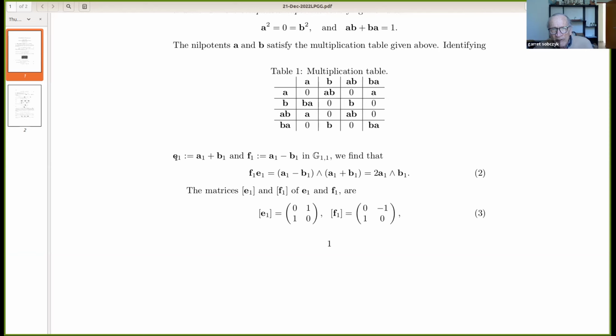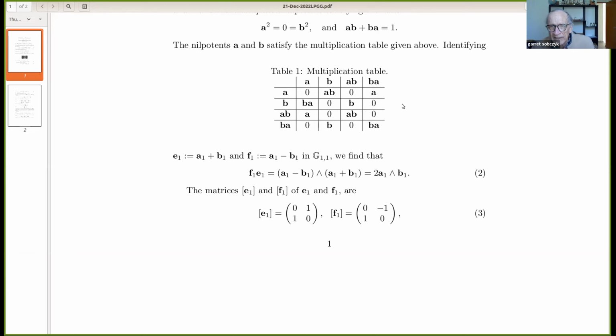So we define now the vectors E1 equal to A1 plus B1 and F1 equal to A1 minus B1. They define a basis of the geometric algebra G11, because if you're just using these rules, we find that E1 squared is equal to 1 and F1 squared is equal to minus 1.